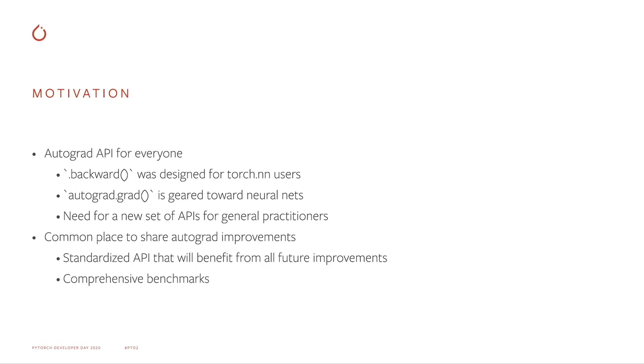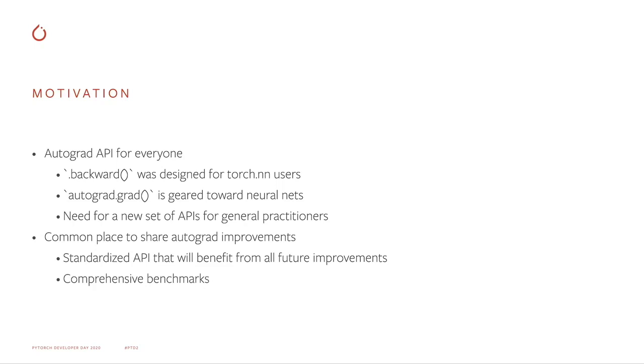So to begin with, the motivation for it is that the current autograd API we have is not for everyone. In particular, the .backward function is really geared toward torch.nn users, as it populates the .grad fields of all the tensors, and it's really associated with the states and the optimizers that we use with torch.nn.